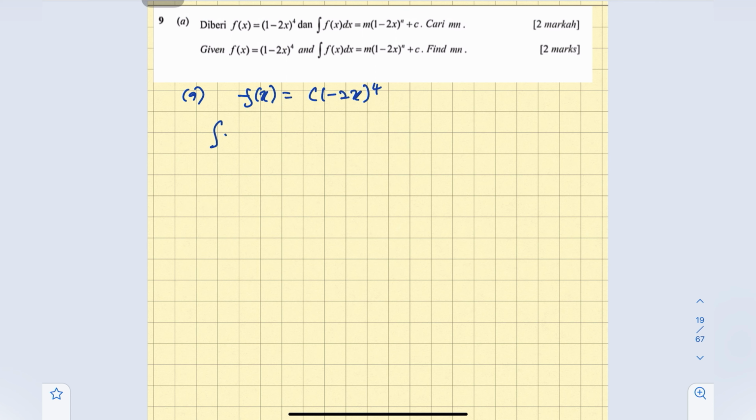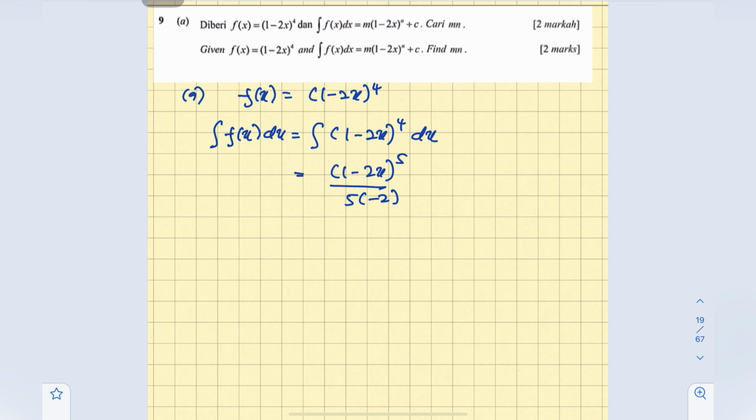So the right side, integrate (1 minus 2x) power of 4 dx. So this is (1 minus 2x) power of 5 over 5 times negative 2, plus c. Then we simplify, it becomes negative 1 over 10 times (1 minus 2x) power of 5 plus c.